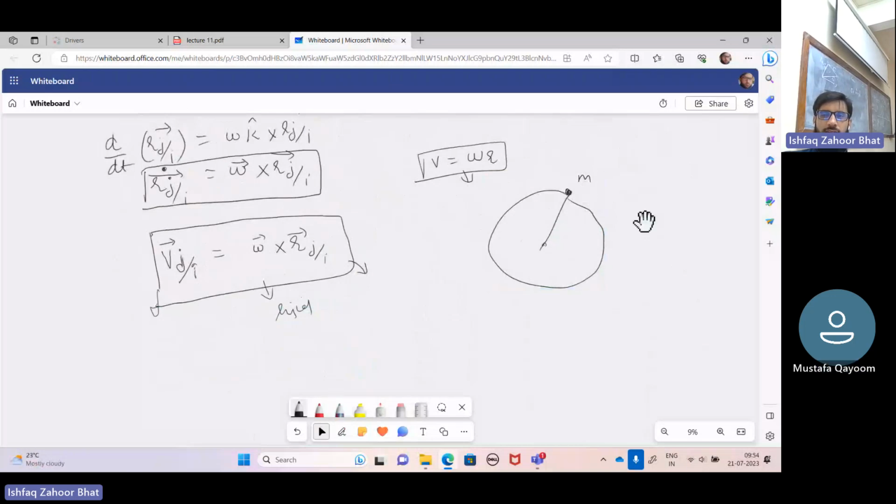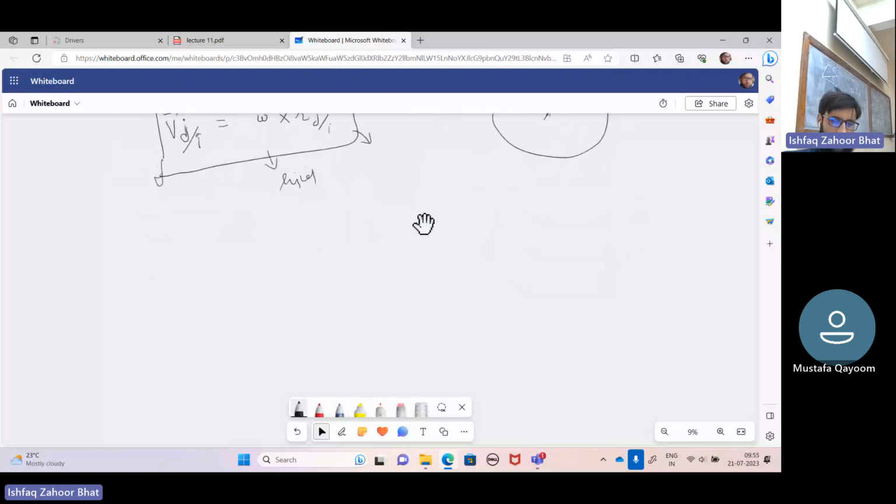So you should think over these things. If something is a point mass, how can you define the angular velocity? I mean, about what point will it be rotating? You should now be able to differentiate between circular motion and angular motion.